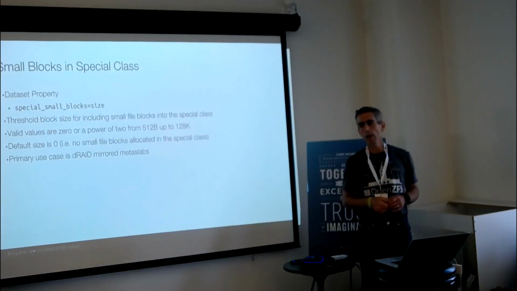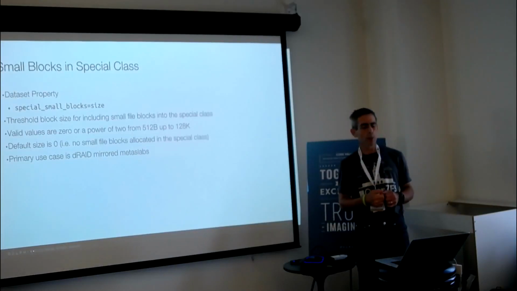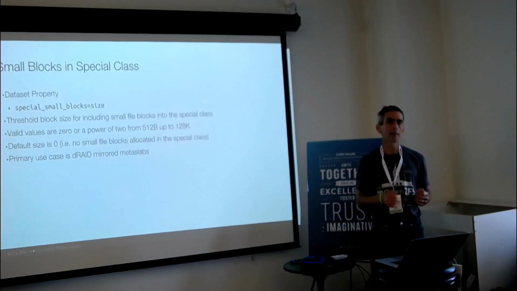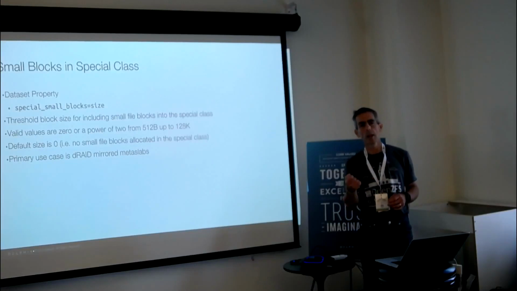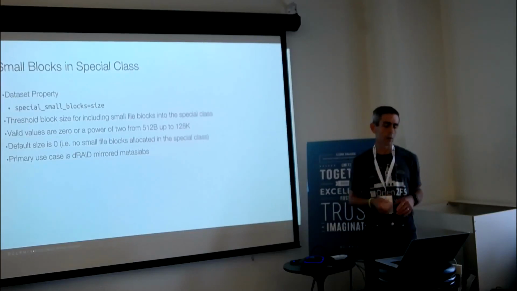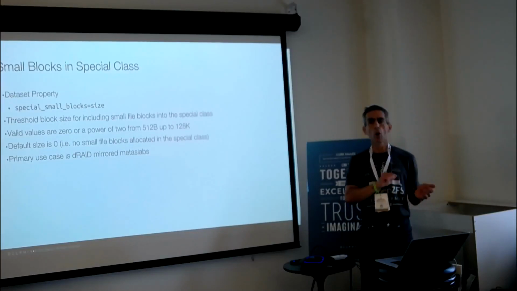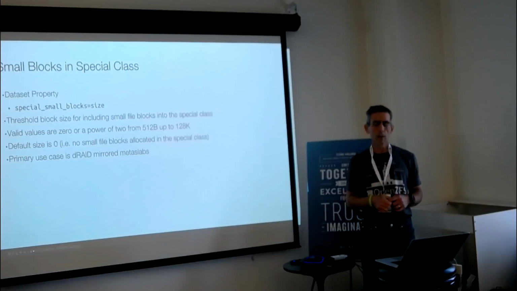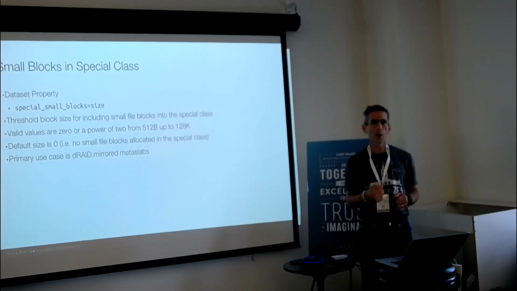As I mentioned, I alluded to earlier, we have this provision for small blocks in the special class. It's per data set, so you can say on a data set, I want up to this amount of small blocks, say 32K, to go into the special class. That's really more for DRAID.